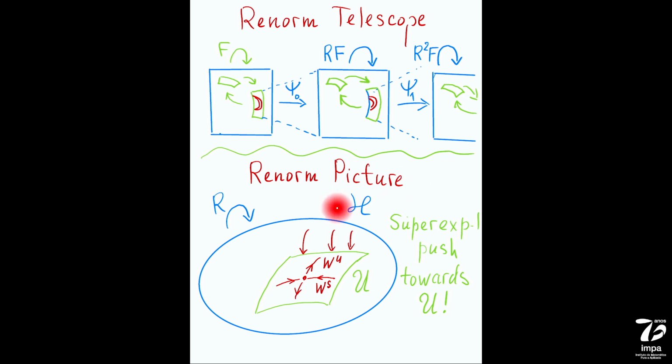Here you have a schematic picture of the space of Henon maps H, and the slice of unimodal maps. In this unimodal slice, we see the renormalization picture, with stable and unstable manifolds. The Henon maps are pushed under renormalization to the slice at a super-exponential rate. This can be specifically justified with this geometric renormalization scheme.